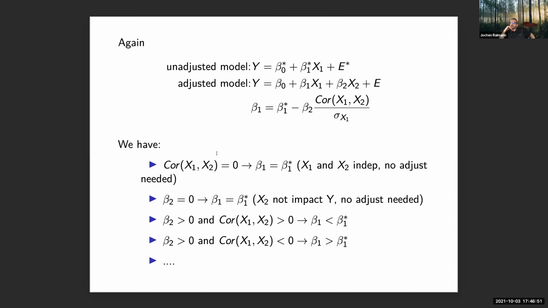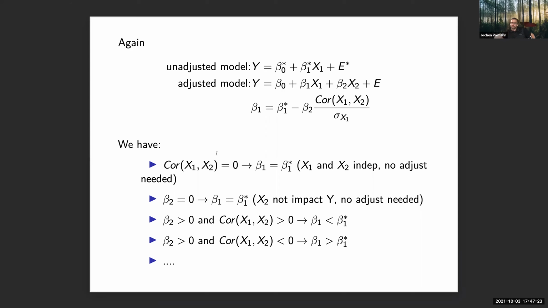So when we have now an unadjusted model, we have y equals beta 0 asterisk plus beta 1 asterisk x1 plus the residual error asterisk. If we are adding the beta 2, by the estimate of this beta 2, we basically get beta 1 equals beta 1 asterisk minus beta 2 and the correlation coefficient of x1, x2 divided by the standard deviation.